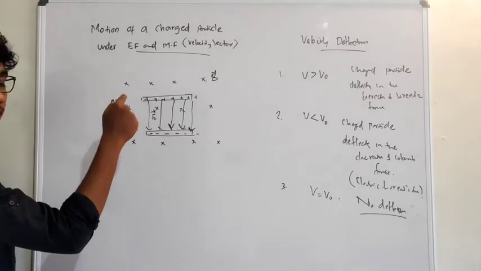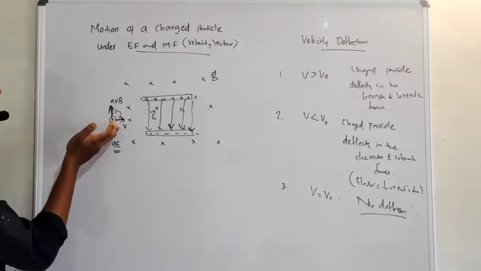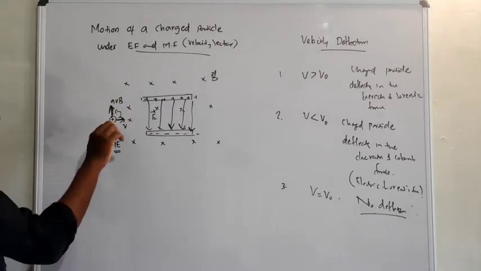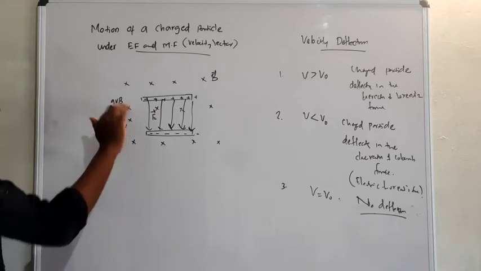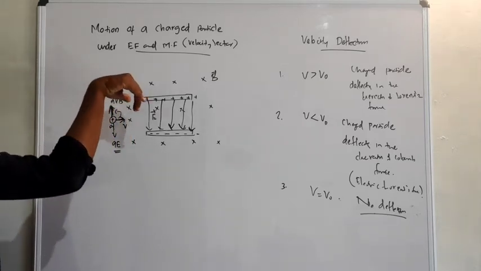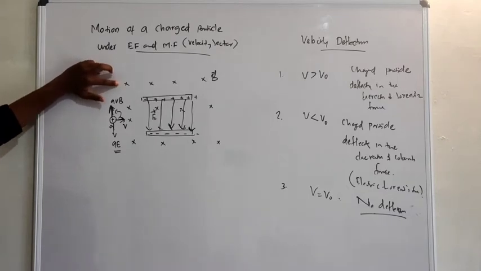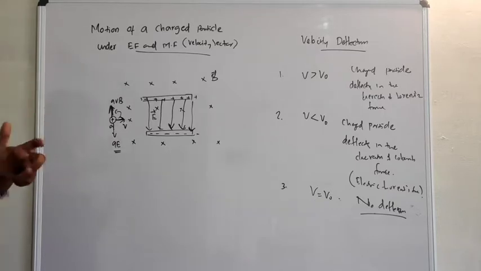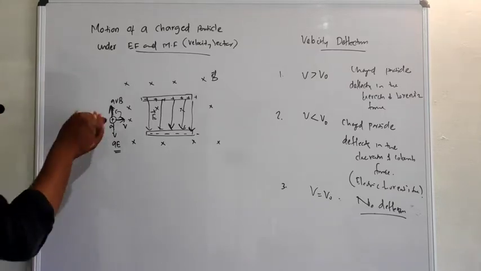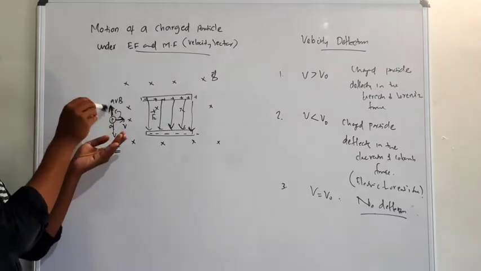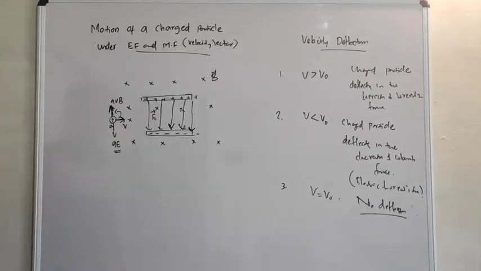The same idea we can use here: V cross B in this direction. You can also check with the screw rule, in that direction.